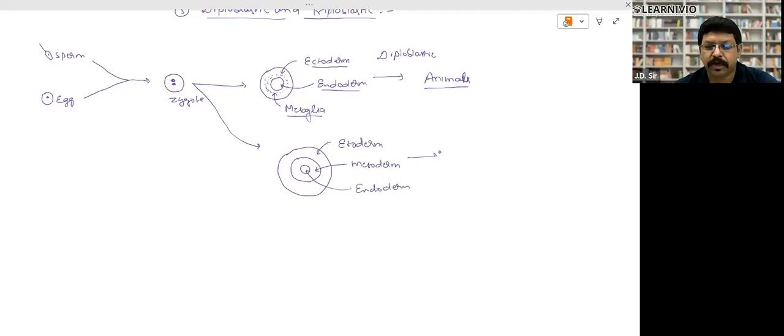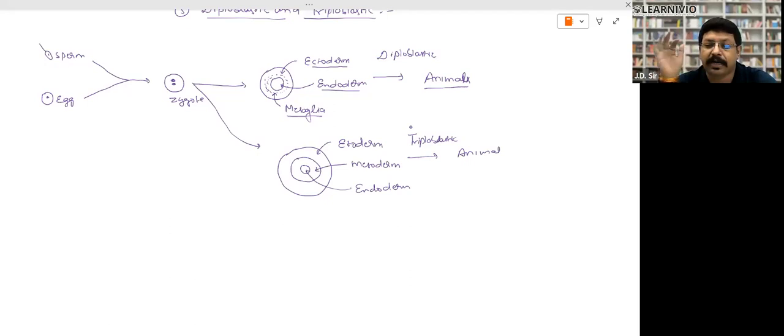From these three layers the animal develops. We humans are triploblastic. So triploblastic animals develop from three layers and diploblastic animals develop from two layers.